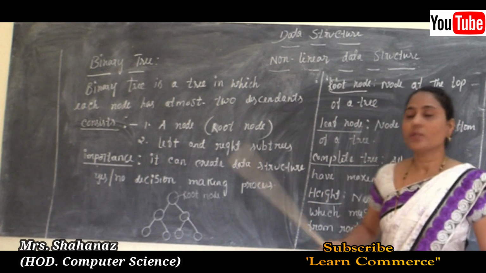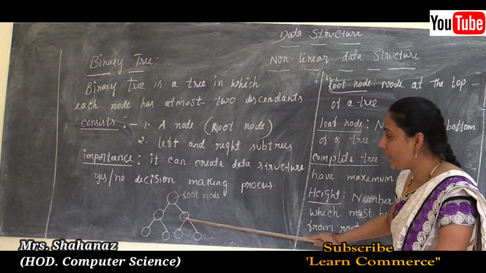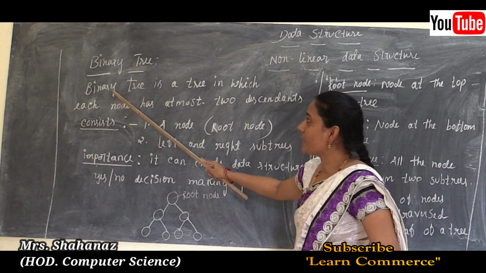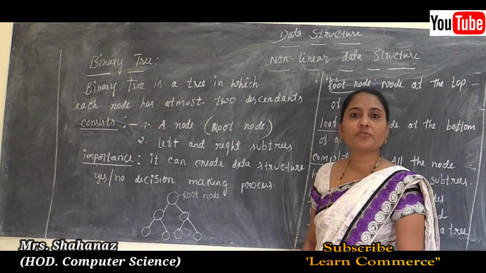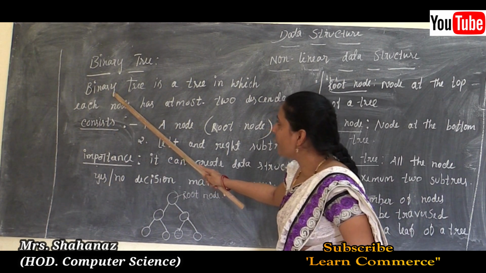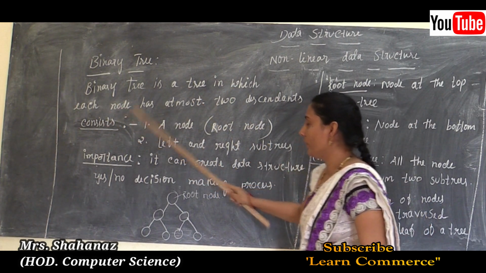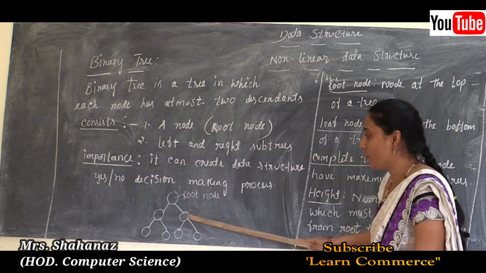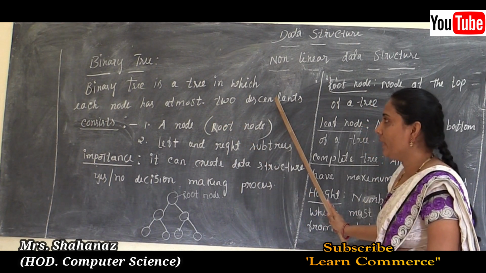Before going to the meaning of the binary tree, the simplest form of tree is called the binary tree. It is a tree in which each node, that means this one is the node, has at most two descendants, and that is called a binary tree.